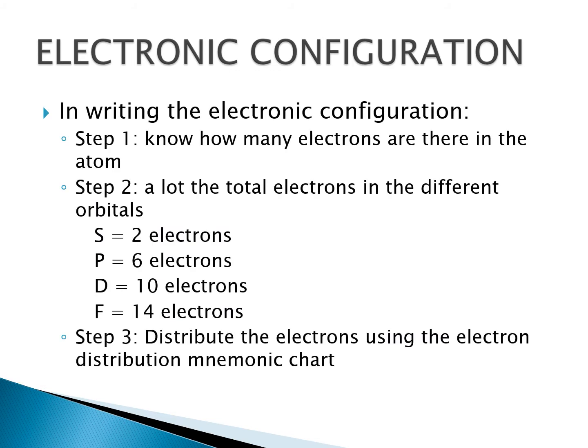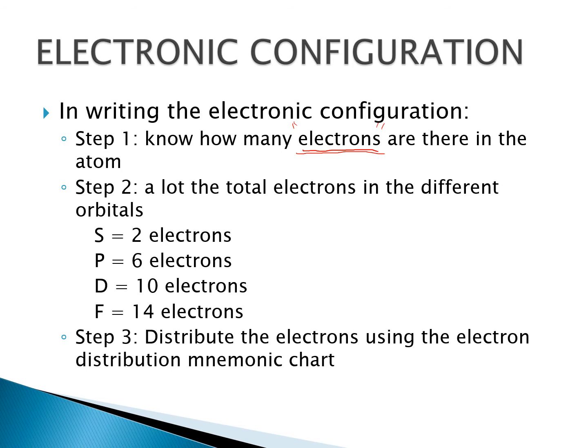So how do we write the electronic configuration of a particular atom? In writing the electronic configuration, there are three main steps that we need to follow. Step number one, the first thing that we need to know is how many electrons there are in the atom. Since we are talking about electrons, we should first know how many electrons there are in the particular atom that we are talking about.